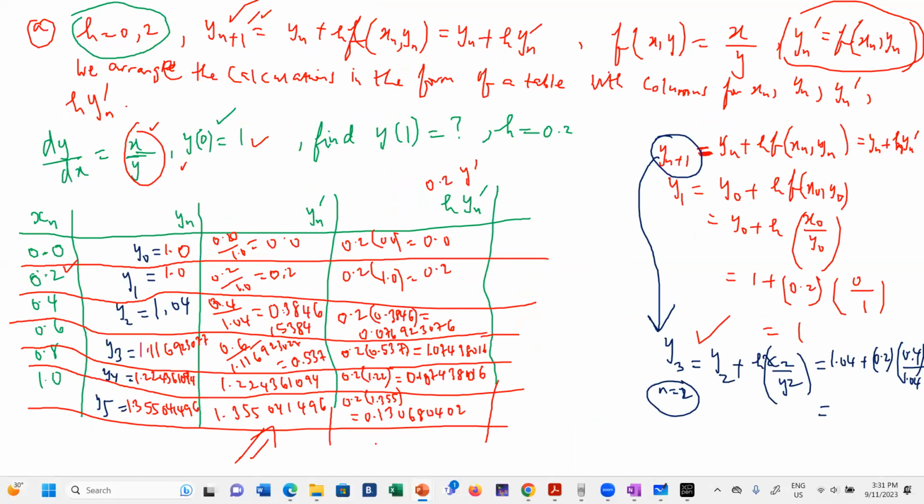This one here, it is clear that y at 1 is approximately 1.355041496. Okay, it is y at 1. So at 1, we have this one, which is exactly the estimate.